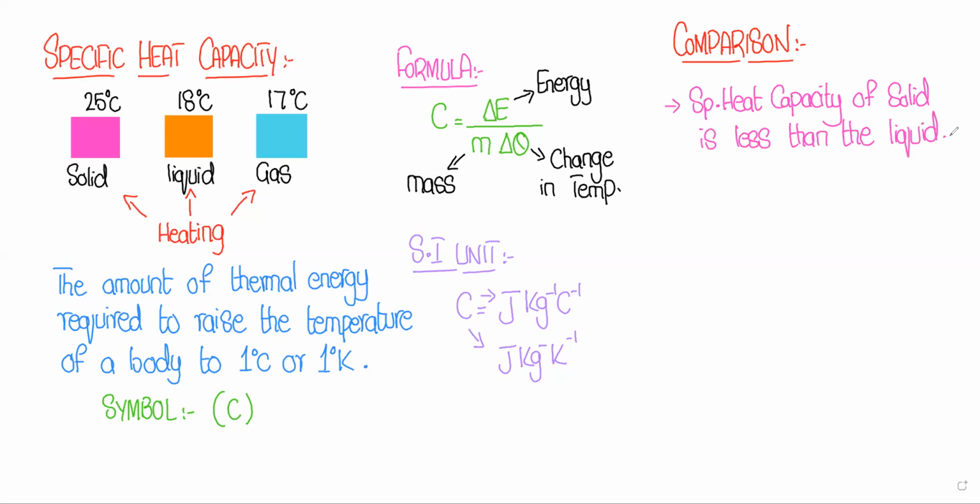It means we require less amount of heat because the specific heat capacity of solid is less than liquid, means we require less heat to increase the temperature of solid, right?